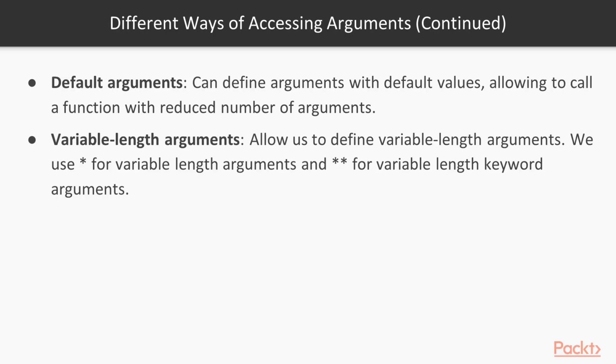Let's move on to the final one, variable length arguments. These allow us to define a variable number of arguments. We use star for variable length arguments and double star for variable length keyword arguments. Let's see it in the code.